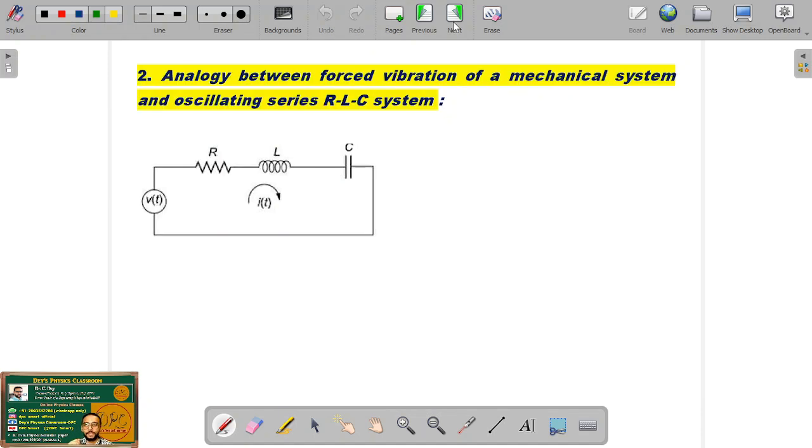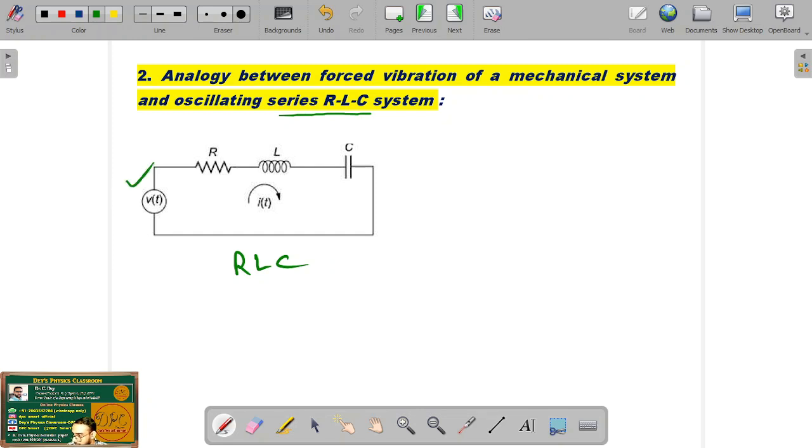Next we will discuss the analogy between forced vibration of a mechanical system and the forced voltage applied to an RLC system or RLC circuit. Electromagnetic oscillation of the RLC system can be compared with mechanical forced vibration. In this RLC system, resistance, inductance and capacitance are connected in series, so it is called a series RLC system, and an AC alternating voltage or EMF, V(t), has been applied to this circuit.